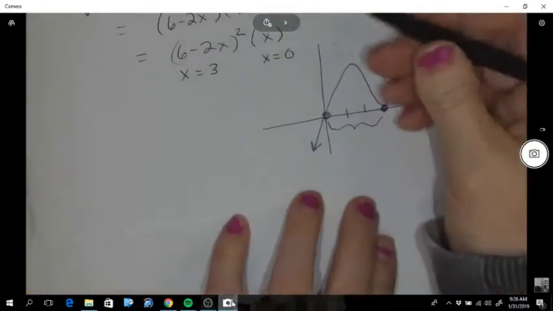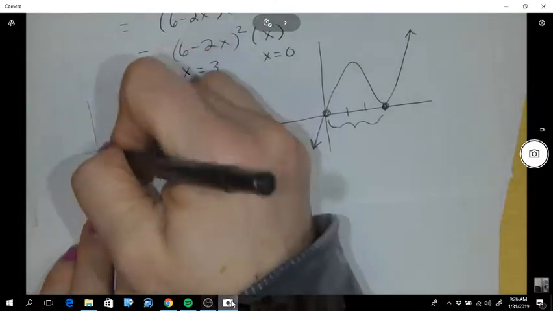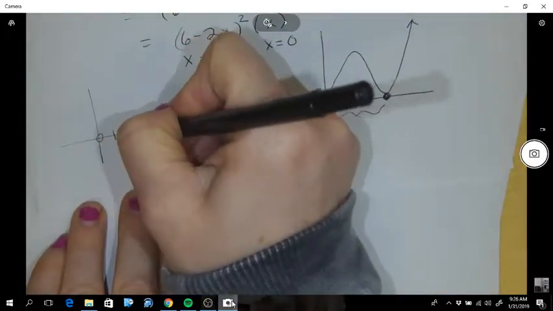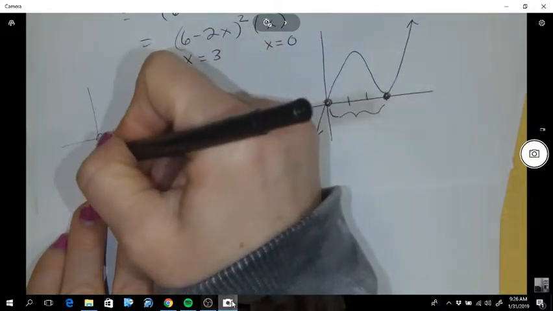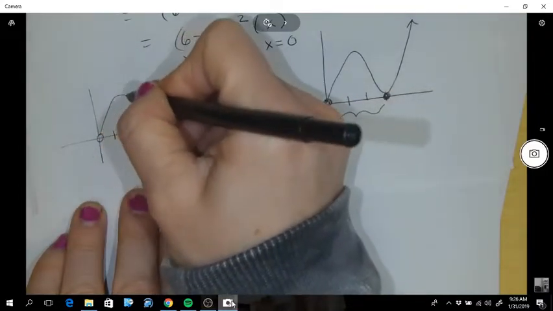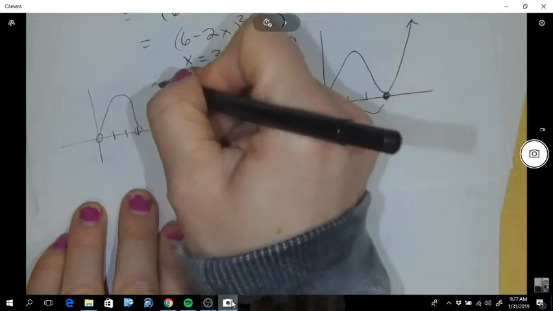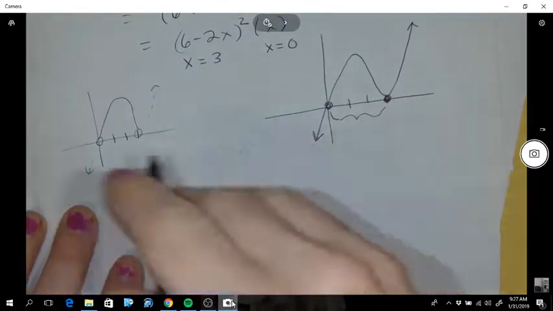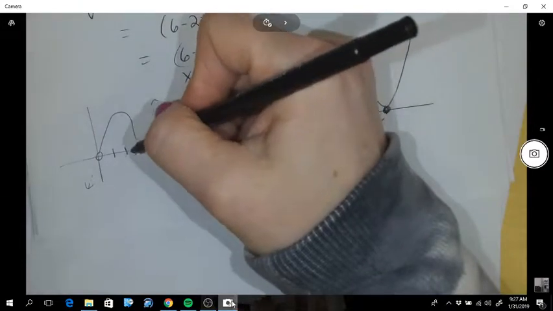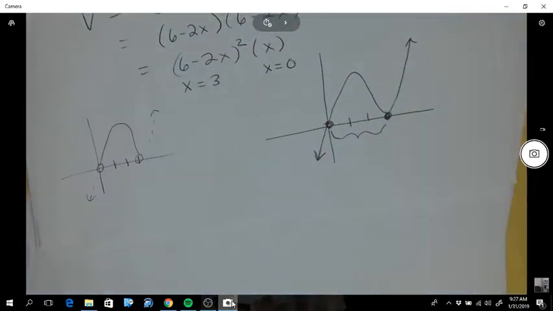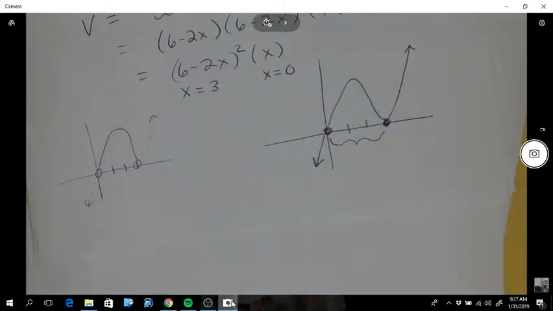So really, if you wanted to think about what the polynomial is representing, we could only include this part of it. We couldn't include the 0, we couldn't include the 3, or the parts outside of that.